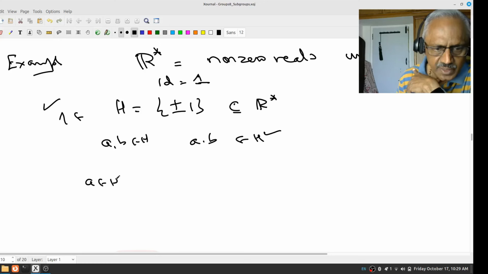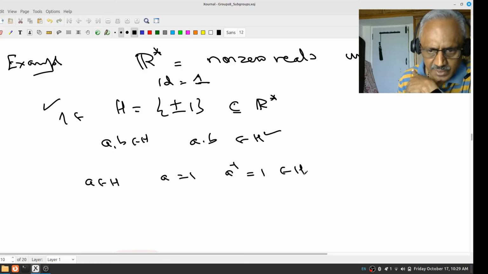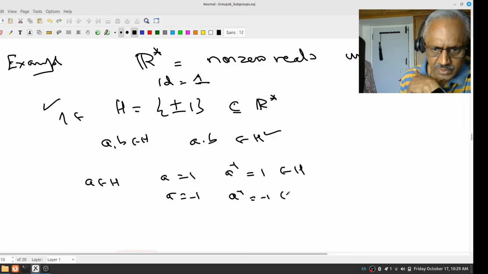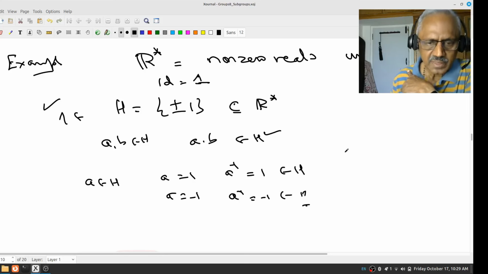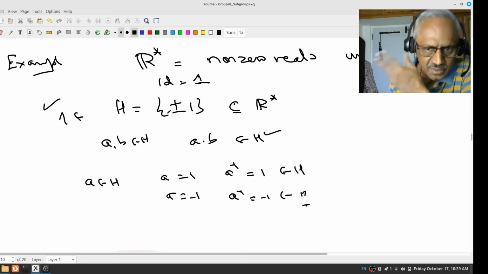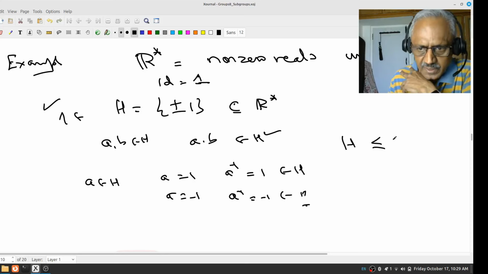If A belongs to H, either A is 1, in that case A inverse is 1, which belongs to H. If A equals minus 1, in that case A inverse is again minus 1, which belongs to H. Right? And there are only two elements. Therefore, H is a subgroup of R star.